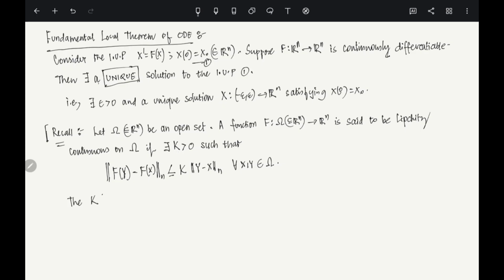Okay, right. Now the k, the constant k, this is very important. This k depends only on omega, and not on any particular point. Okay, so k only depends on omega and is called the Lipschitz constant. This we already did.